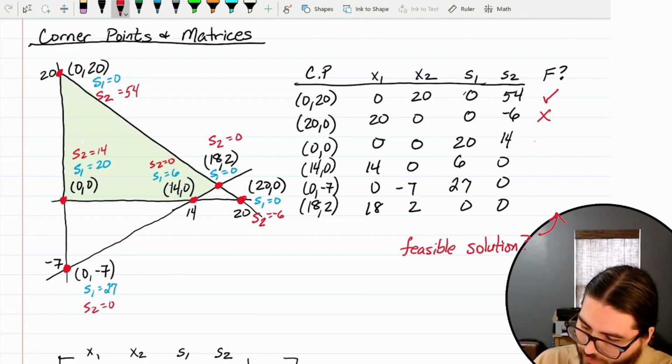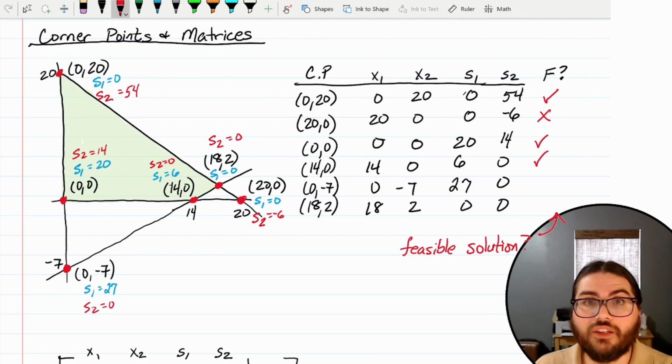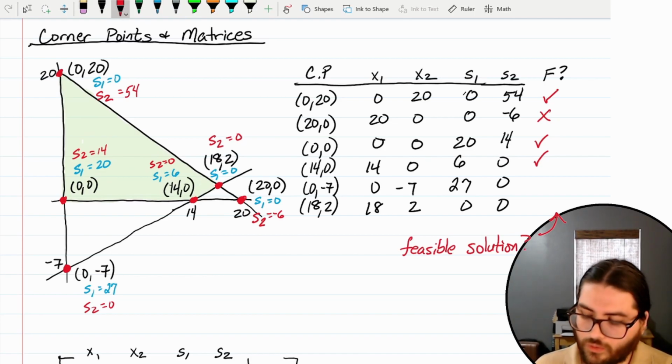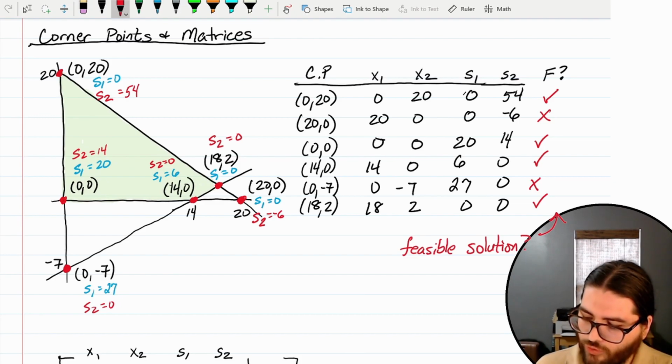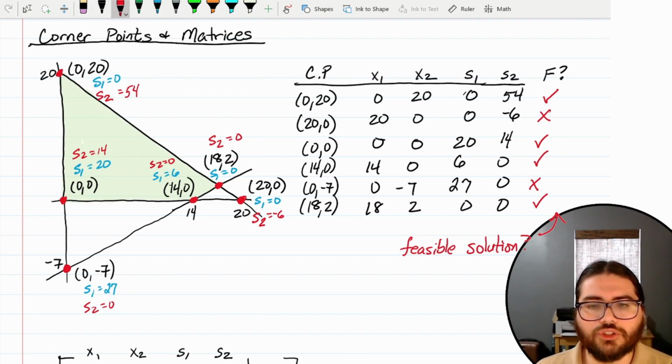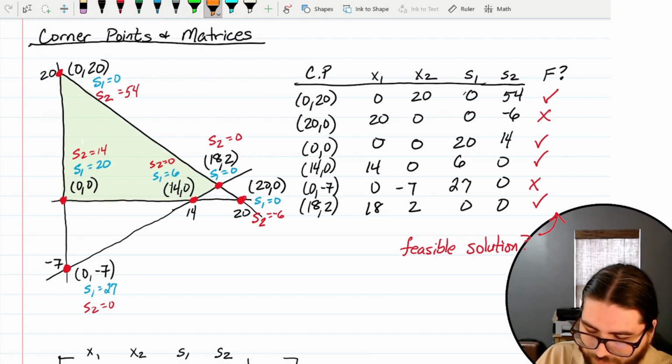I'm going to quickly go down the rest of my table here. Essentially, feasible in this situation means all the variables are positive or 0. I count 1, 2, 3, 4 feasible solutions and 2 non-feasible solutions.